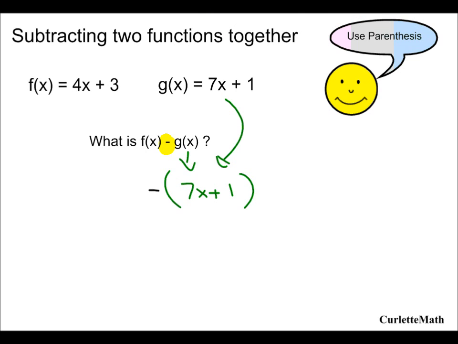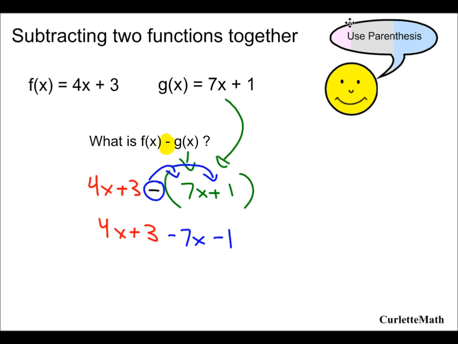Putting that minus sign in front of it and writing down the f of x function, which is 4x plus 3. Now, we've got to take this minus sign and distribute it through the parentheses. So that now gives us negative 7x minus 1, 4x plus 3 for f of x still.